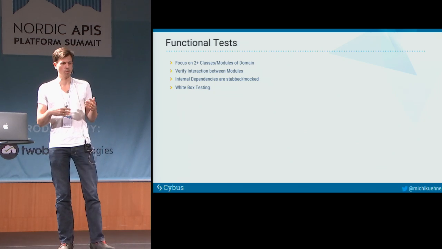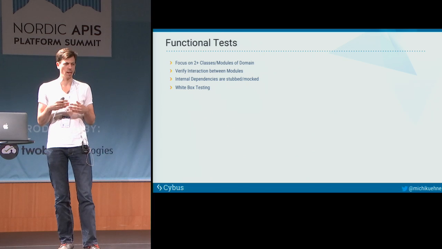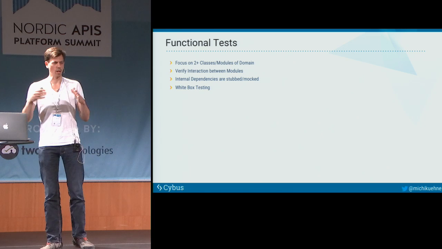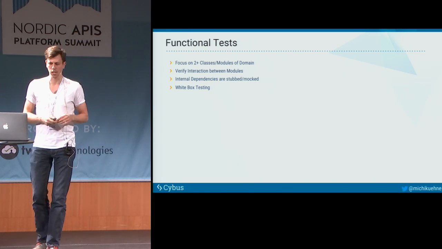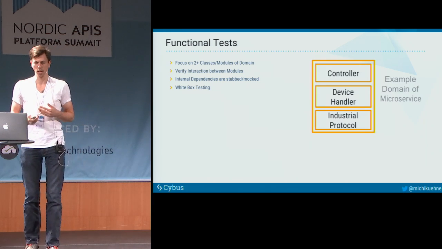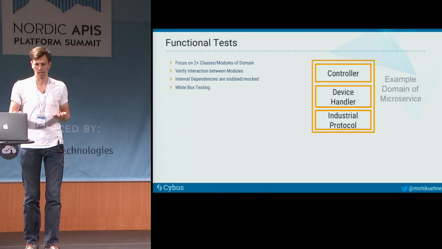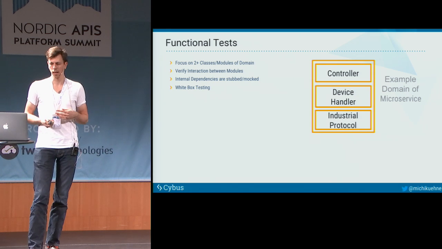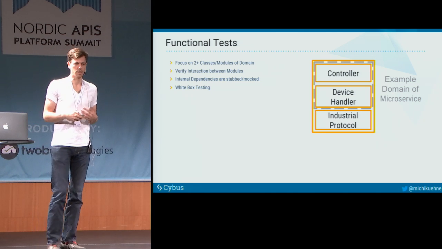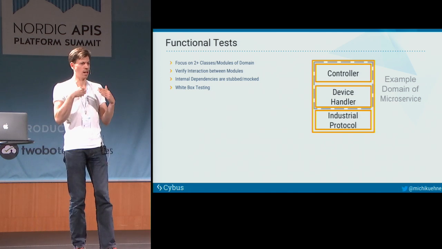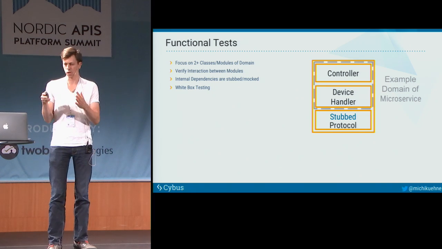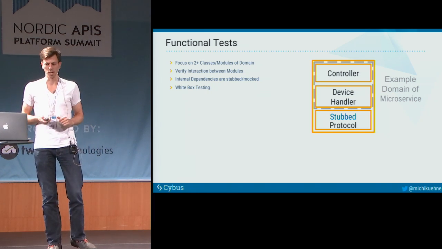So this is where we do white box testing, where we just focus on the communication between these two and mock everything around and make sure that these two components work nicely together. If we have a look at this part of the domain of a microservice, for example, the controller and the device handler, we want to make sure that they communicate correctly. So we stub a protocol, for example, and we just focus on these two, so that they work nicely together.